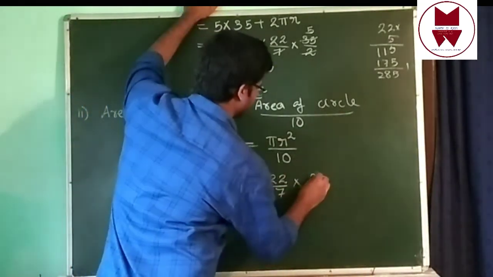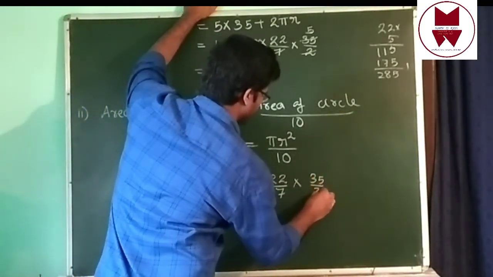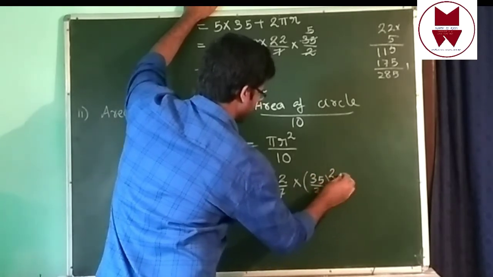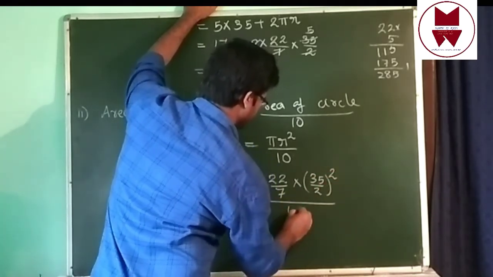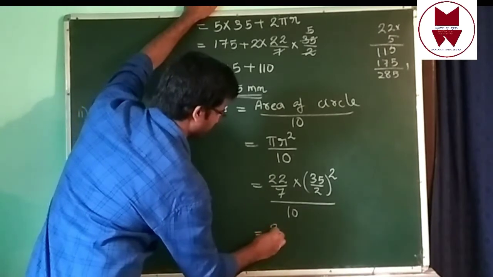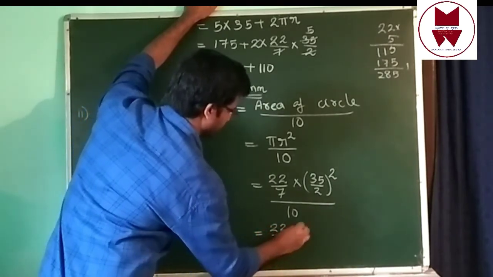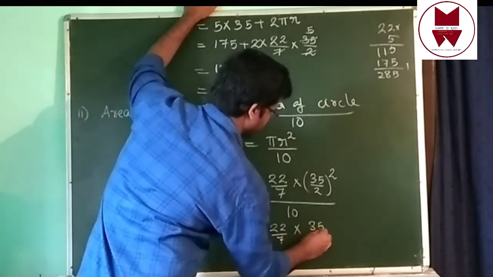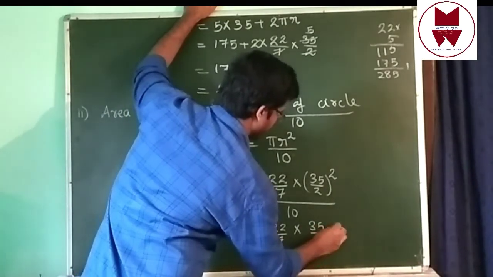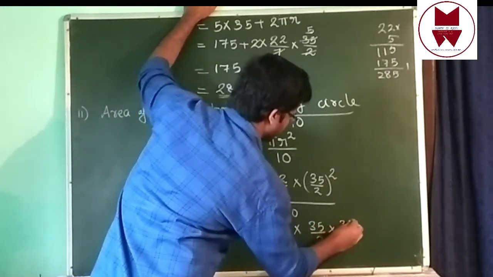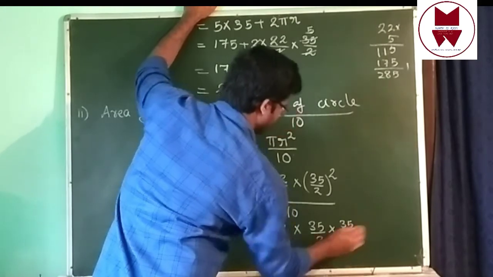R is 35 divided by 2, all square, all divided by 10. 22/7 into 35 divided by 2 all square, we can write 35 divided by 2 into 35 divided by 2.